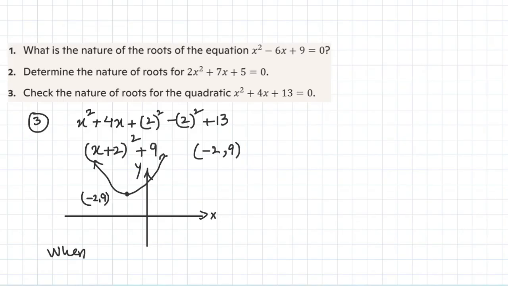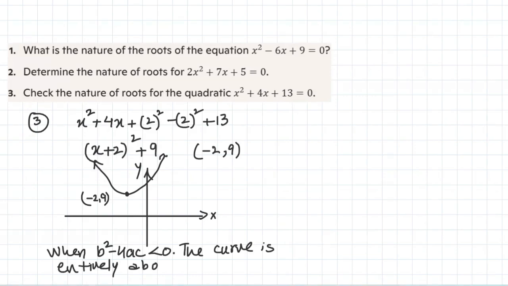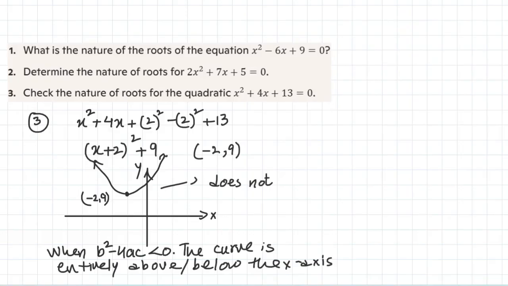When b squared minus 4ac is less than 0, the curve is entirely above, maybe sometimes below the x-axis. Okay? Or you can say that it does not touch or meet the x-axis.